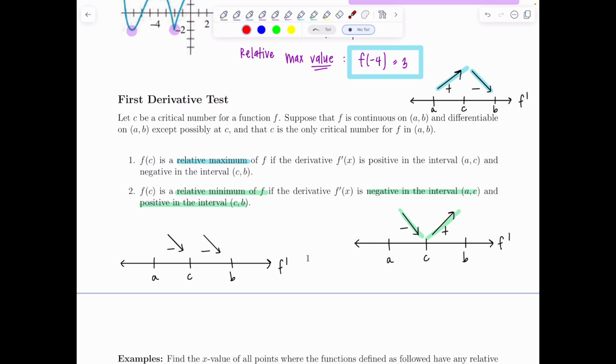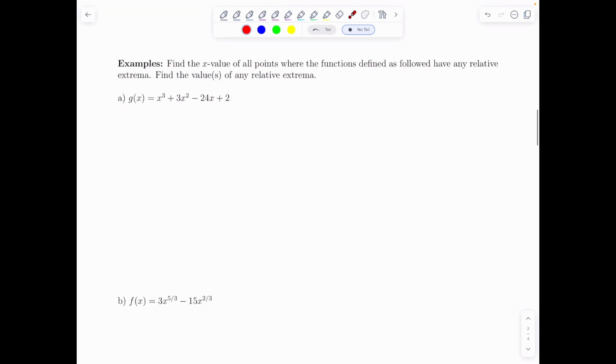But if the function is decreasing on both sides, or if it stays increasing on both sides, then it's not a min or a max. It's just a critical number, and that's all that we can say about it. Okay, so there needs to be a sign change in the derivative on either side of the critical number in order for it to be a relative min or max. Good? Okay, perfect. So now let's put this to use and practice some examples here.